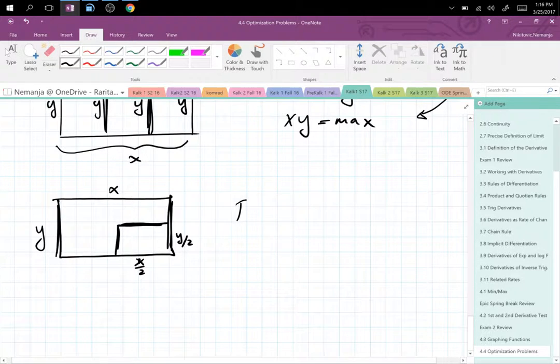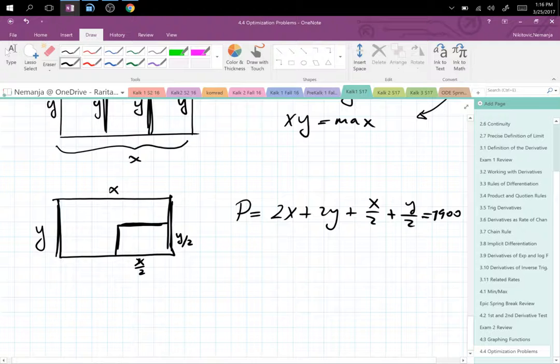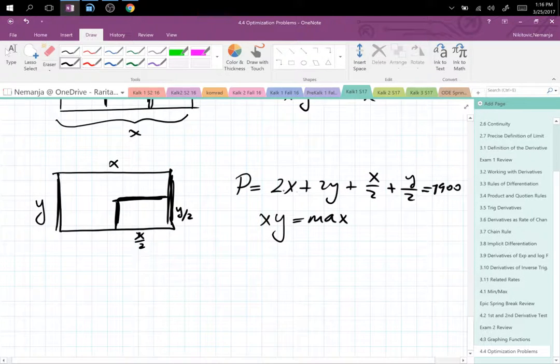Wait, hold on. First let's set up the equation. So perimeter is now going to be 2x plus 2y plus x over 2 plus y over 2, right? And that's 1900. Well, there's the fence inside too. That's these two pieces. That's x over 2 on top and y over 2. Now this is a single y. All right, cool. And then the xy max is still the same, right? So I have 5 halves x plus 5 halves y is 1900.